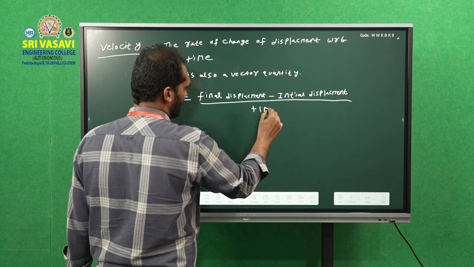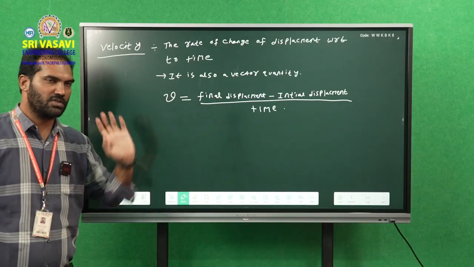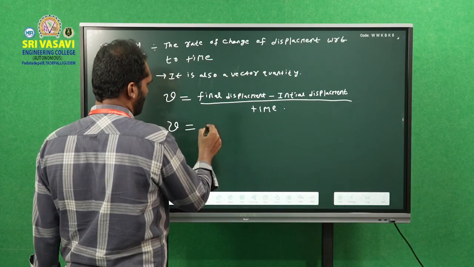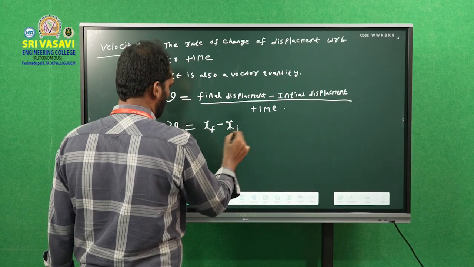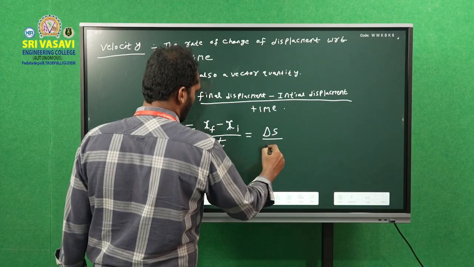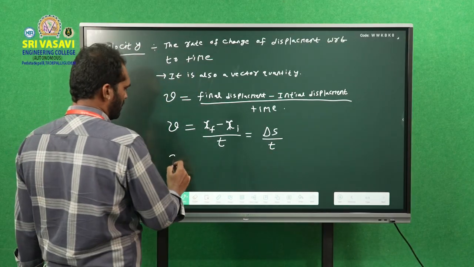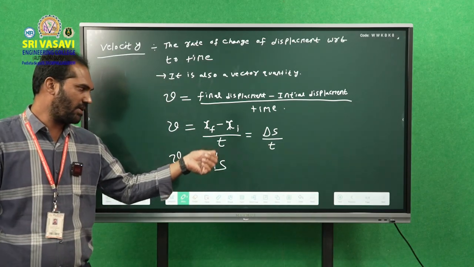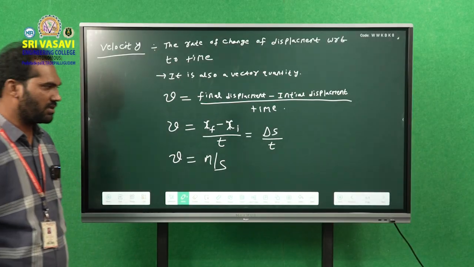So it can be written as xf minus xi by t, or indirectly delta S by t. The unit is meter per second, because for the distance it is meter and for the time it is second. So that is about velocity.